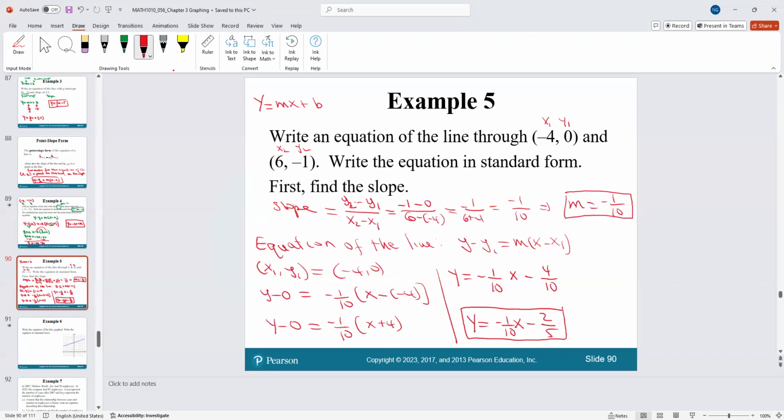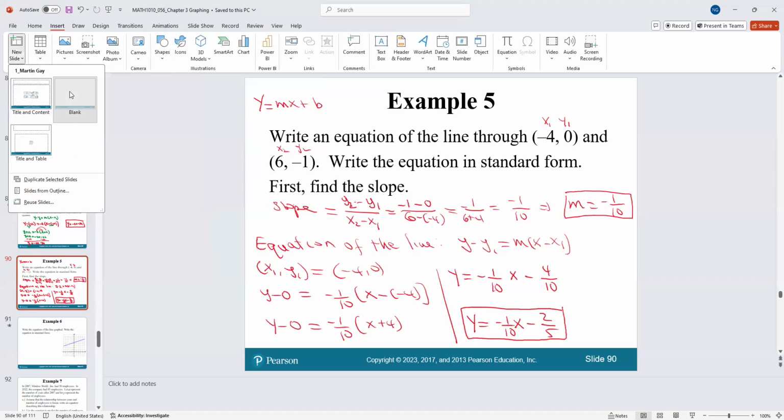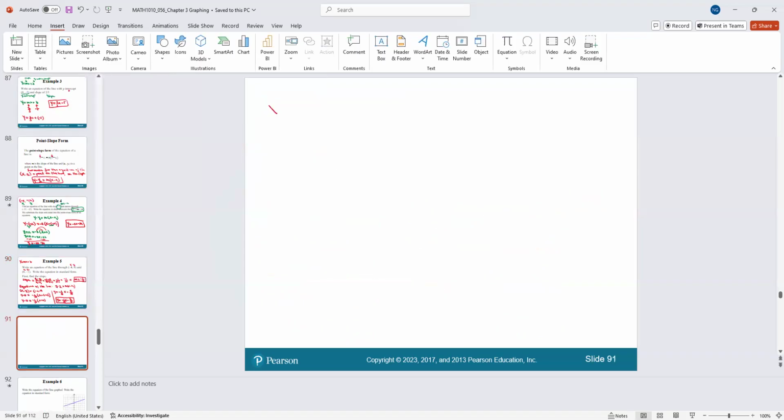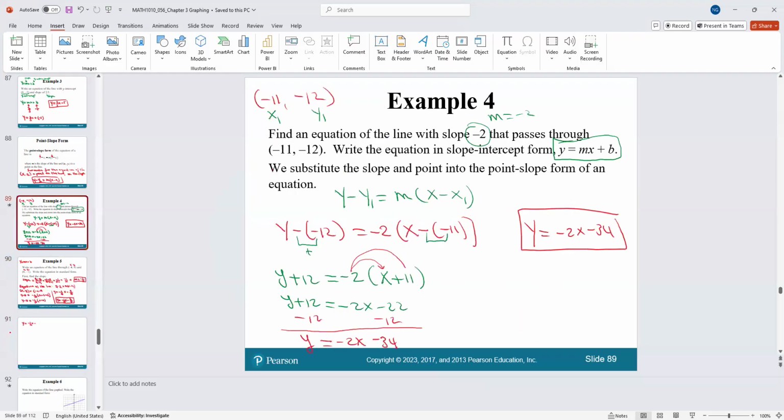But what they ask you to do is to express your answer in both the slope-intercept form and the standard form. So if I include another slide to show you the slope-intercept form, remember what we just have is y equals negative 1 over 10x minus 2 over 5.